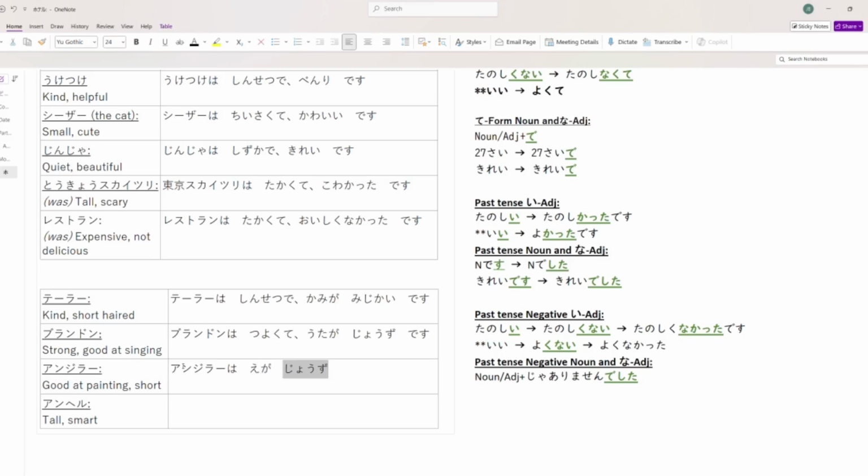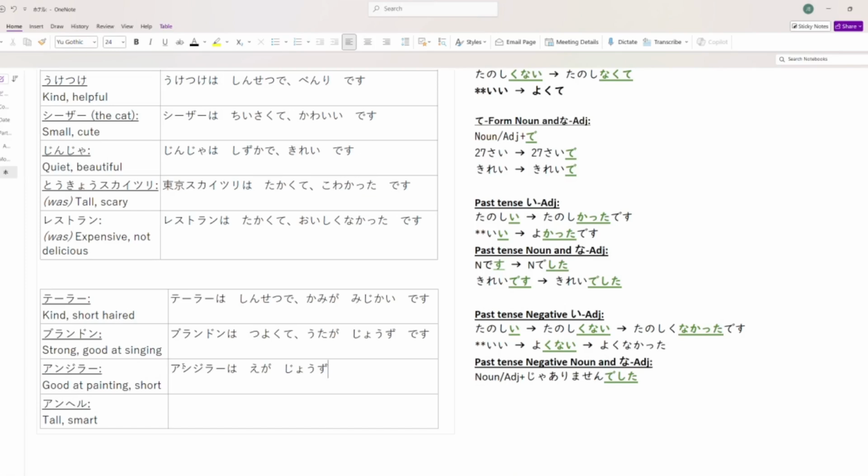So this is what we're modifying, right? Because I say this is a whole phrase, because we're saying more things than just jozu. It's just like this is how we would say they're good at painting, right? But jozu is still the thing that ultimately we are conjugating.